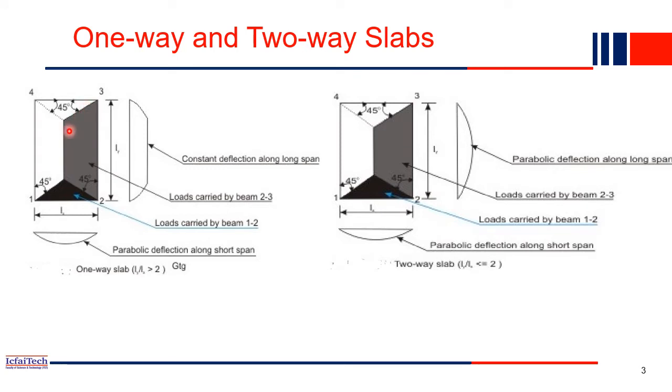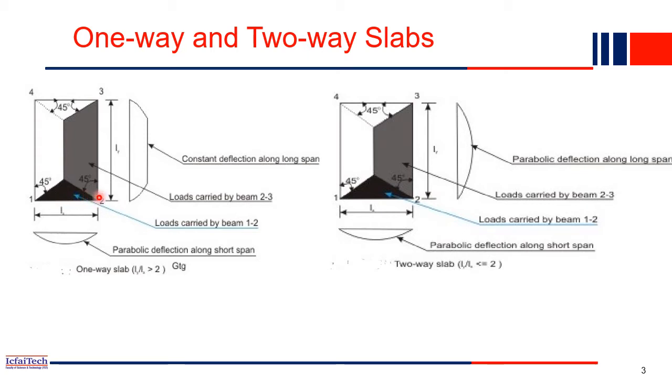So now what you understand is, if Ly is very high compared to Lx, what will happen? What is the area of this triangle? The area of this triangle will be further reduced. If you compare, what is the area of this trapezoid? It is very high compared to this triangular area.